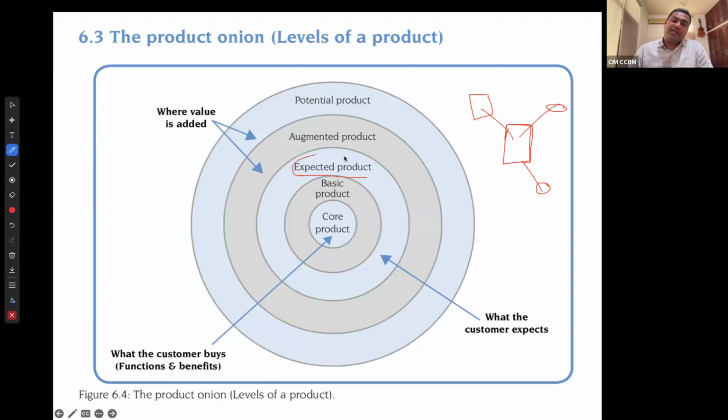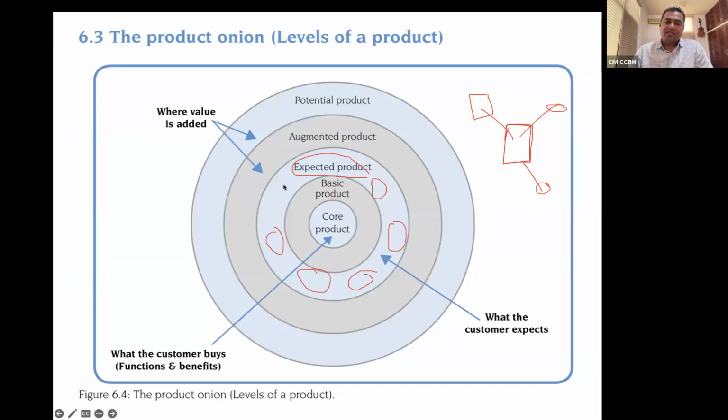It is expected. So when you buy a product, when you buy a car, it is expected to have a battery, tires, seats, manual, free services, maybe a car cover. It is expected that you have these.